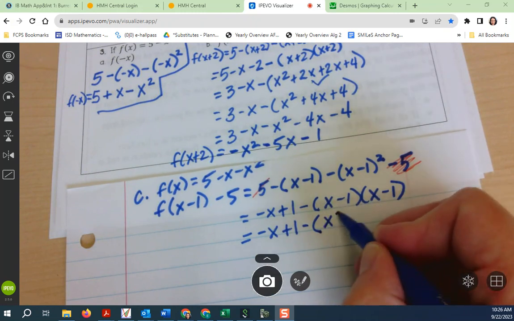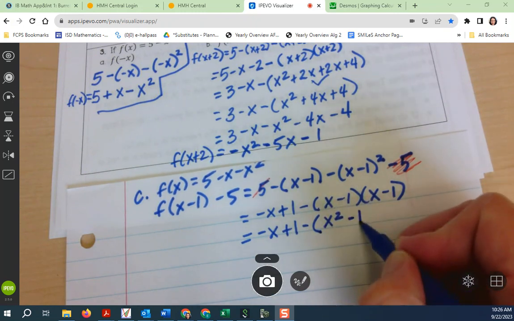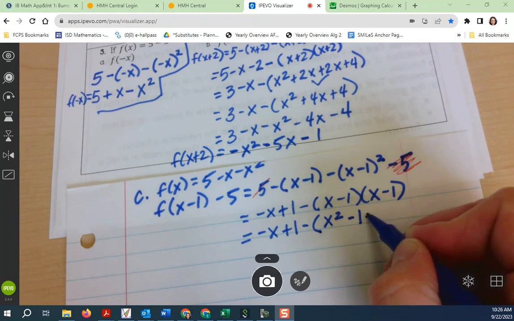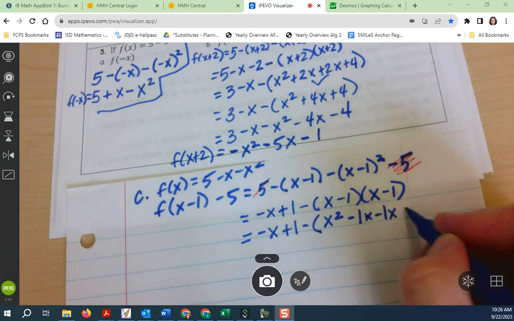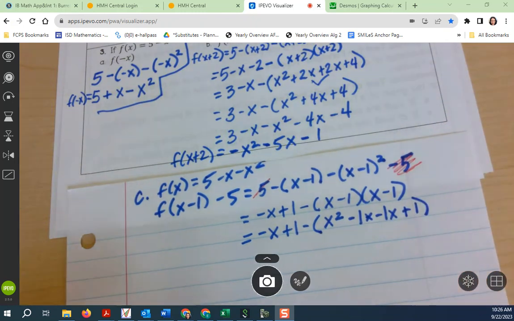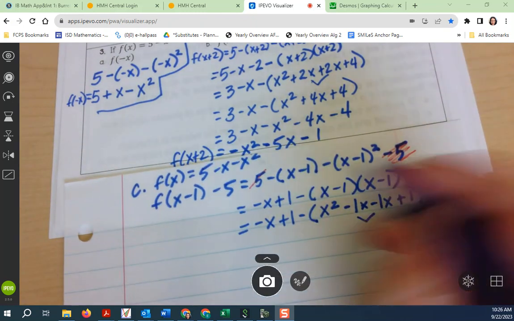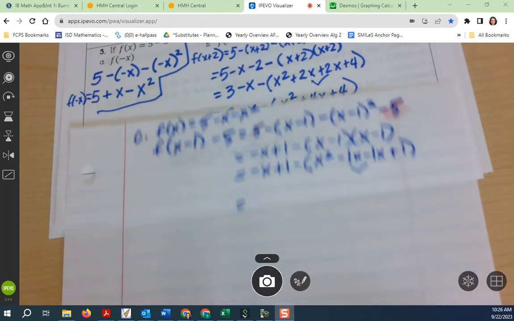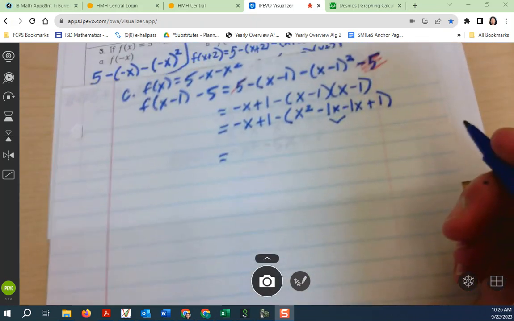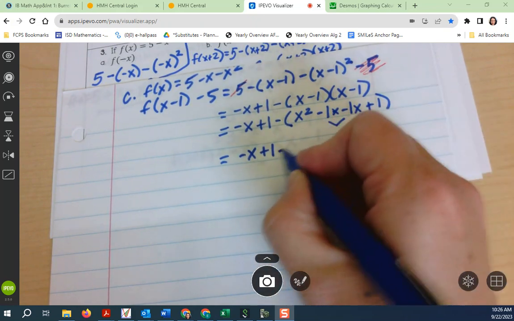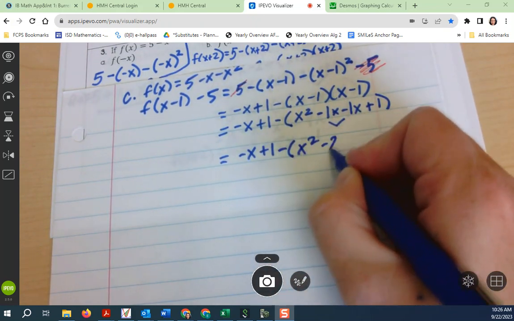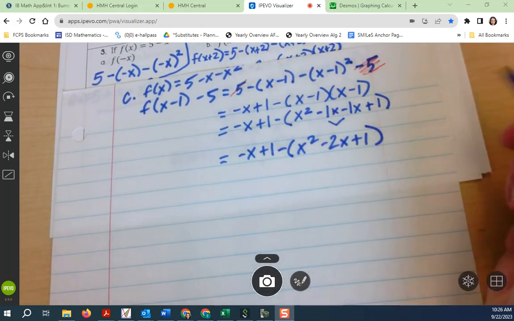x times x, x times negative 1, negative 1 times x, and negative 1 times negative 1 is a positive 1. Combine these two like terms. Negative x plus 1 minus x squared minus 2x plus 1.